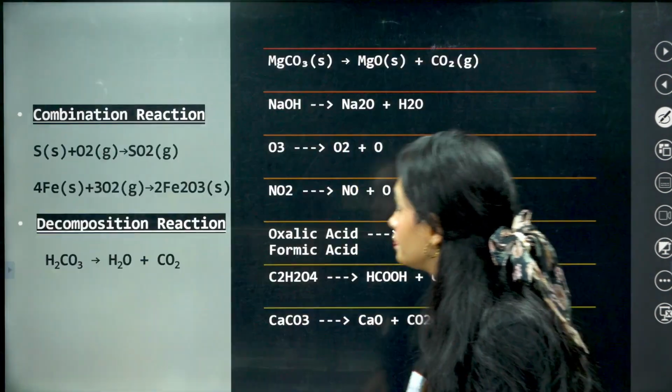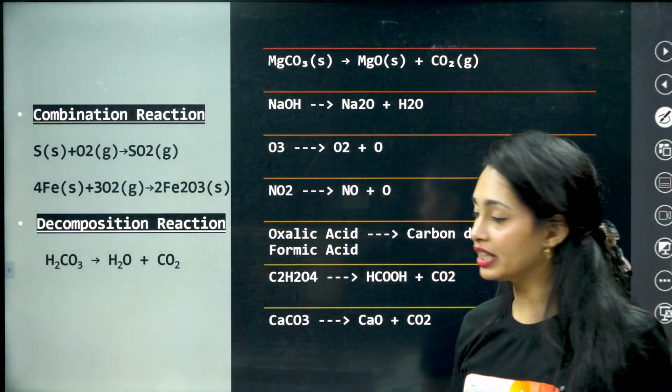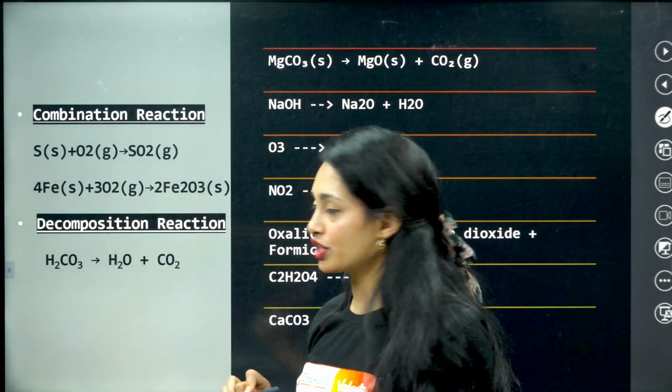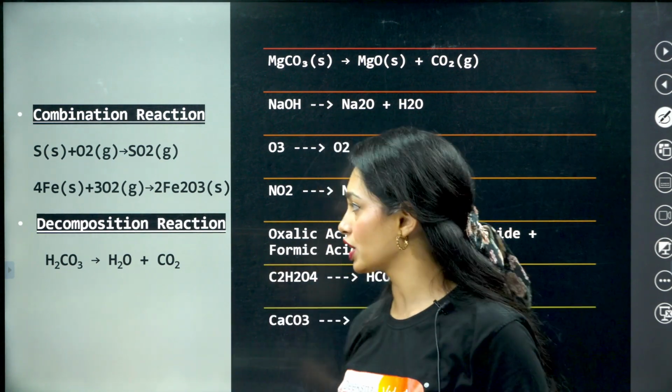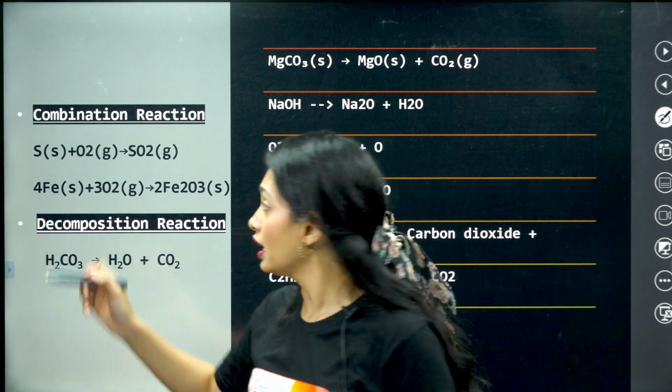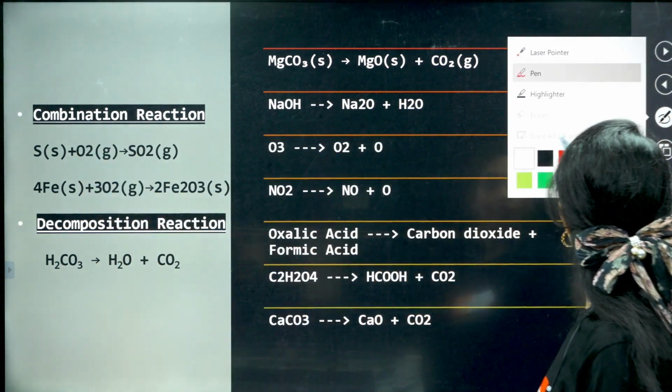Moving on now, first one, combination reaction. Sulfur is reacting with oxygen to give sulfur dioxide. Very simple.